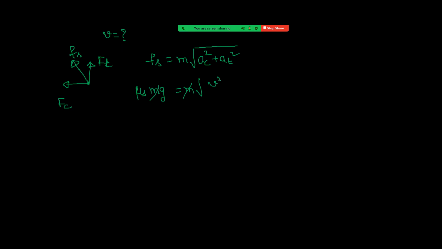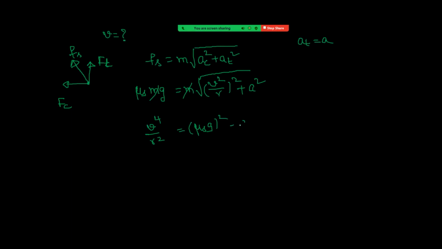AC value is v square by r. So AC square plus AT square, and given AT as A, so it is A square, right? Now we want to find the value of V. So take square on both sides. V power 4 by R square is equal to mu sg whole square.